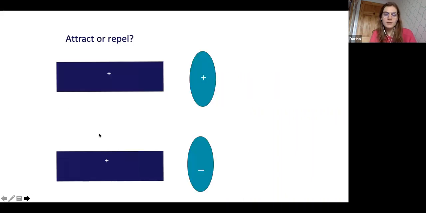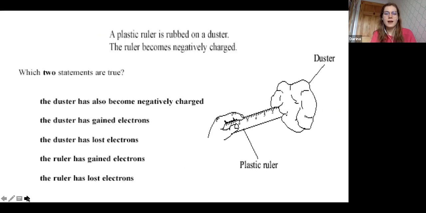All right, perfect. So just for these two, obviously the top one, what will happen to the top one? Okay, it repels, and the bottom one is opposite charges, so it will attract. Perfect. Okay, I've got a little bit of an exercise for you there. Have a read through these statements, and can you please tell me what is true?